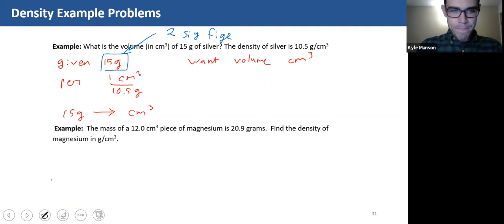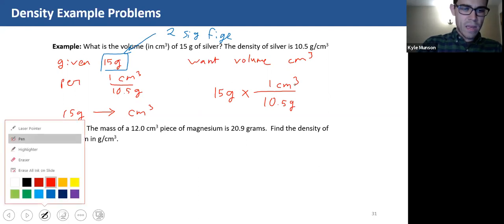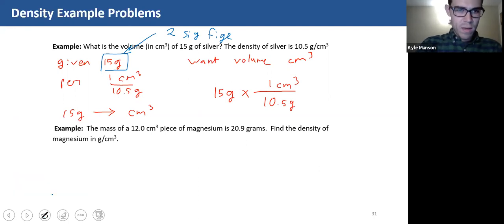So let's do that. 15 grams times, for every 10.5 grams, there's 1 centimeter cubed. And I flipped that per expression for this reason so that the units of grams could cancel out, okay? So if I wrote it the other way, the units wouldn't cancel out.